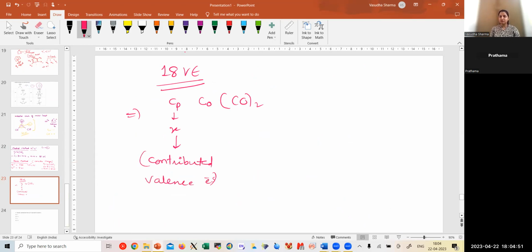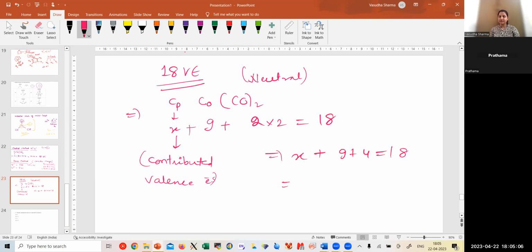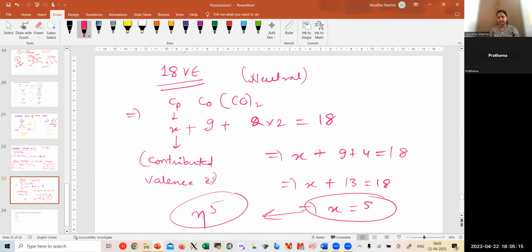That I don't know. The cobalt we know is contributing 9 because we are still talking about the neutral method. And CO is 2 into 2, and it will form 18. Then x plus 9 plus 4 equals 18. X plus 13, then x equals 5. And 5 will only come when it is eta 5.